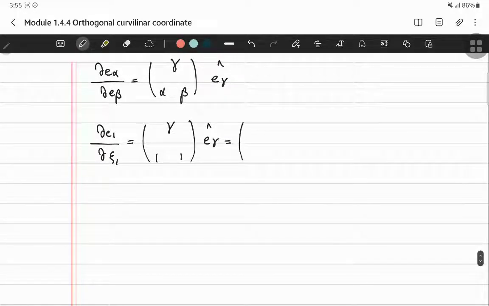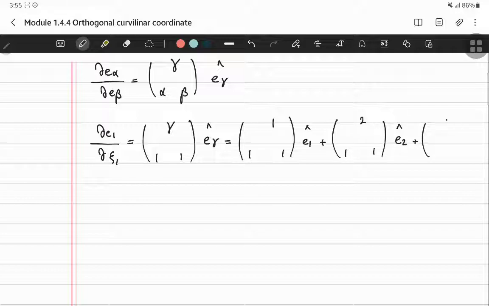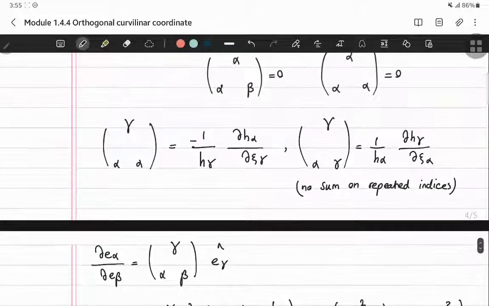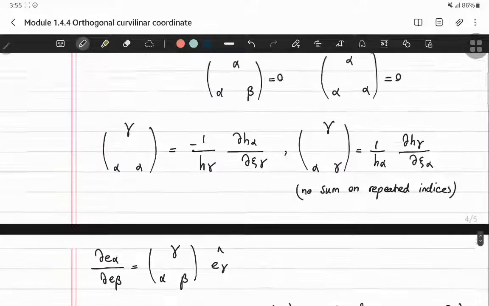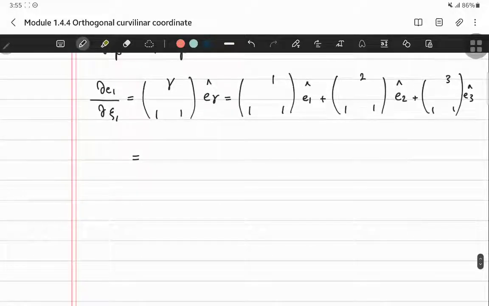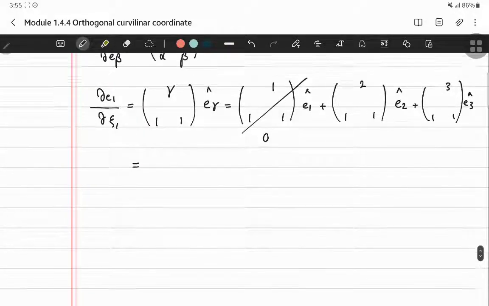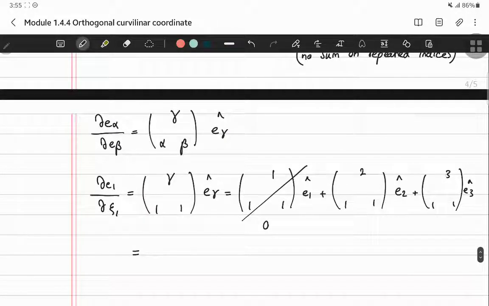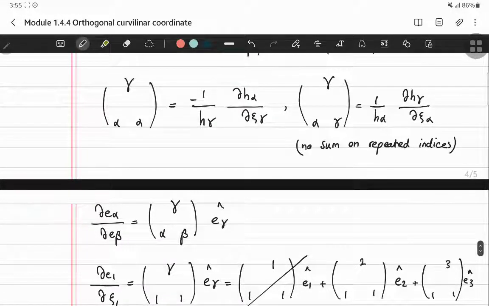So we have 1 1 1 e1 plus, so gamma is 2, 2 1 1 e2 plus 3 1 1 e3, which is equal to, so you have 1 1 1 here. 1 1 1 becomes 0, so this is 0. You have 2 1 1 and 3 1 1, so it becomes this.